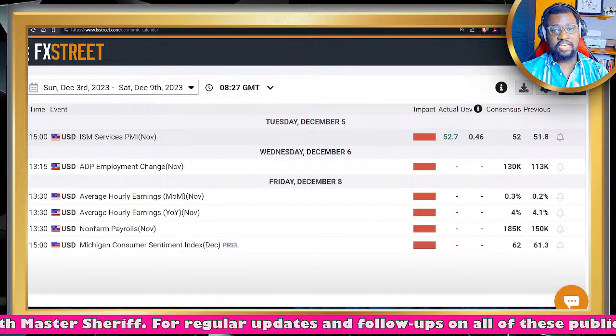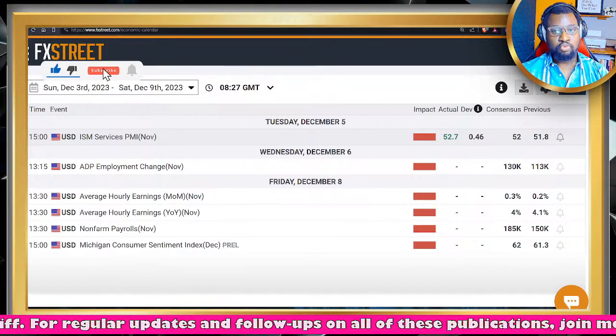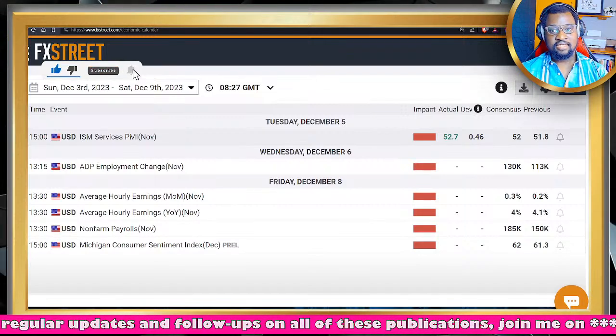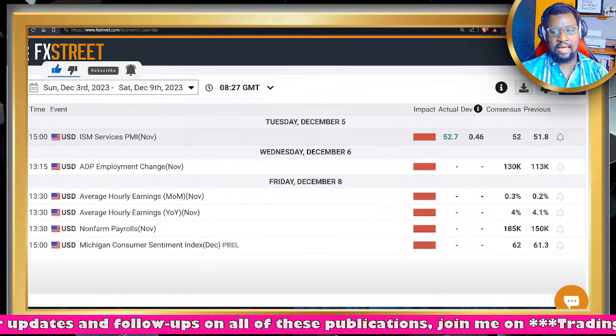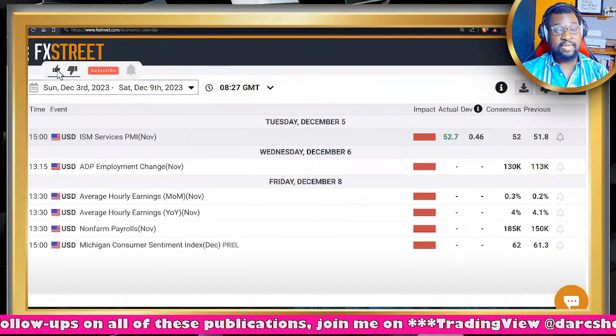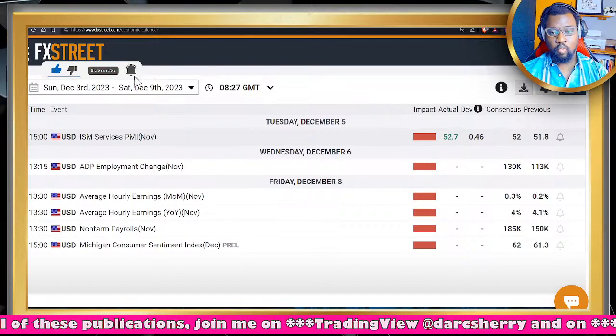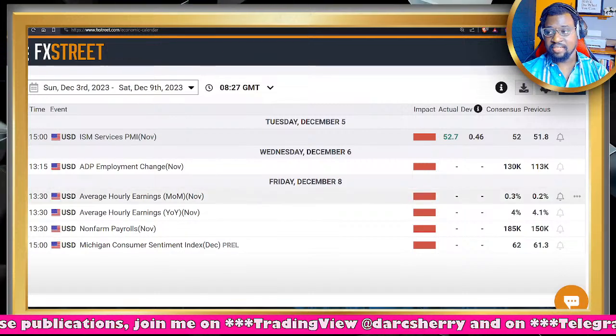A positive ADP figure indicates job growth and often boosts market sentiment, as it suggests a healthier labor market, while a negative figure leads to concerns about economic slowdown and weighs on market sentiment as well.